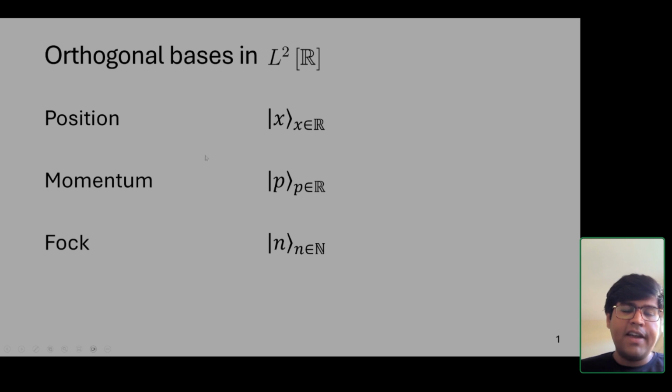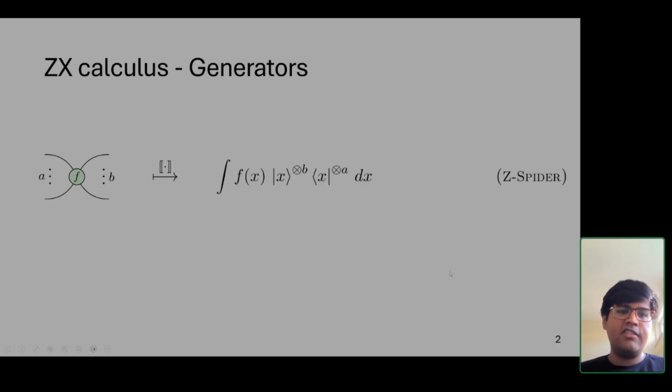So we will try to define spiders based on these basis states. The first generator in the calculus is the Z spider. This Z spider corresponds to the position basis, and it matches the position basis states, ket x here. We can also label a spider with a function f, a function from real numbers to complex numbers.